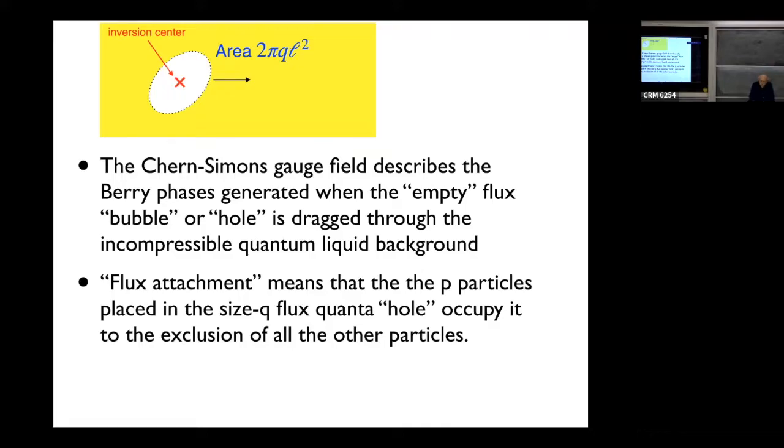And flux attachment just means that the p particles that are going to live inside this little bubble occupy it to the exclusion of all other particles. So it's a kind of generalization of the Pauli principle; in fact, you can understand the integer Hall effect rather nicely from this viewpoint.